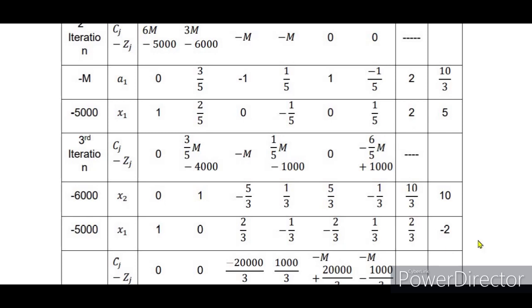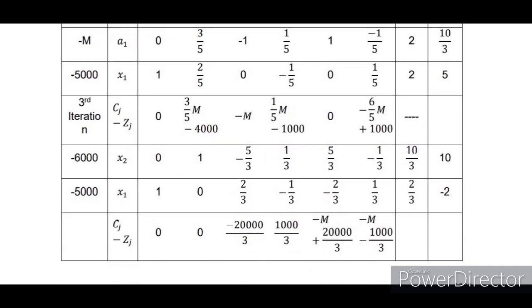Okay, so now we can compute the Cj minus Zj. So for the first column under x sub 1, 6,000 multiplied by 0 is 0. Negative 5,000 multiplied by 1 is negative 5,000.